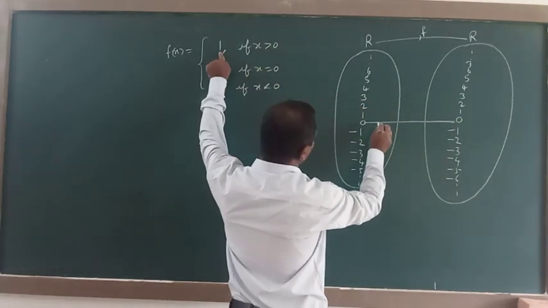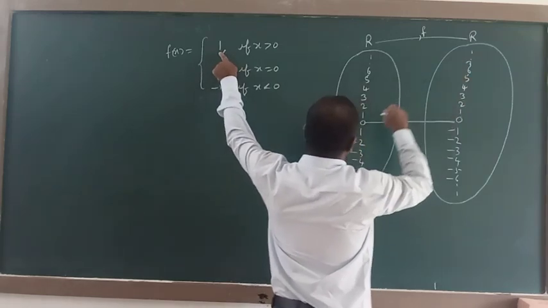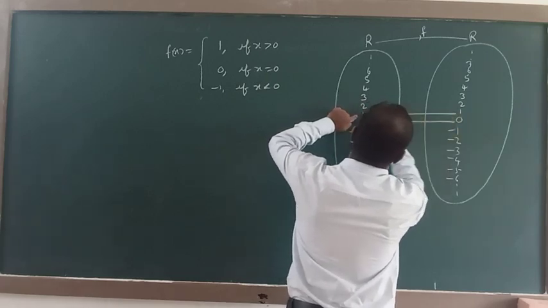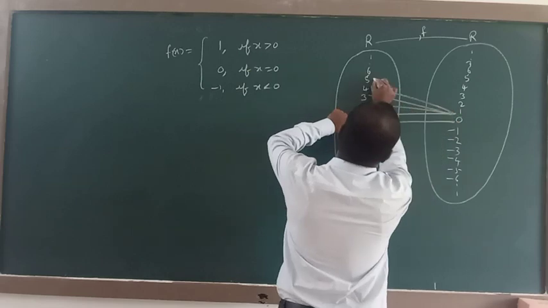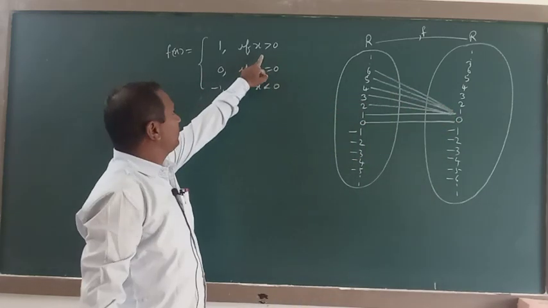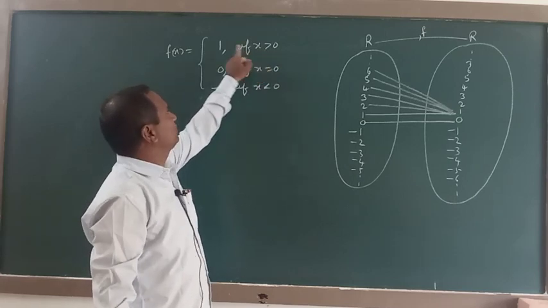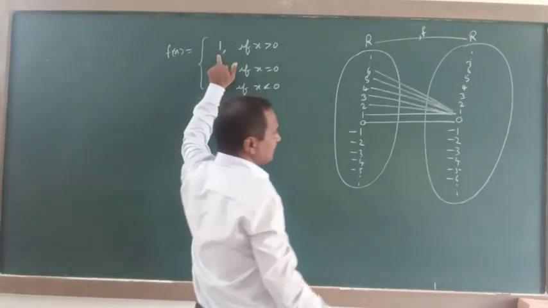Greater than 0: 1 is the function value for all positive values. 3 goes to 1, 4 to 1, 5 to 1, 6 to 1 like this. For all x greater than 0, for all positive real numbers of domain, 1 is the function value in codomain capital R. Next, move to minus 1.